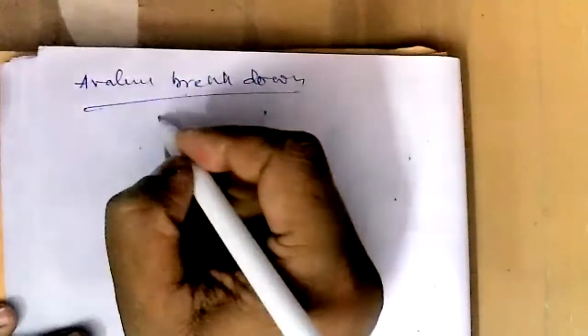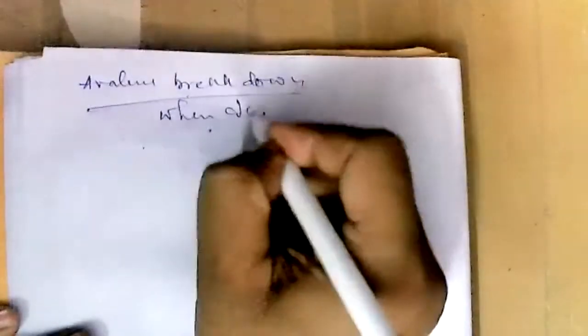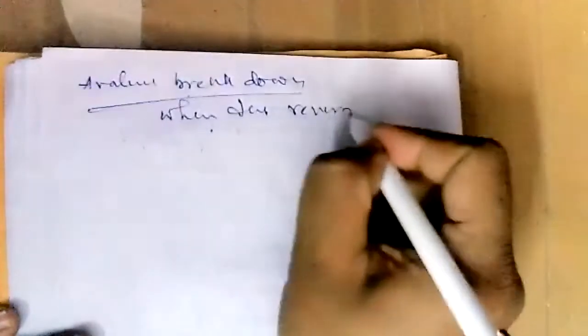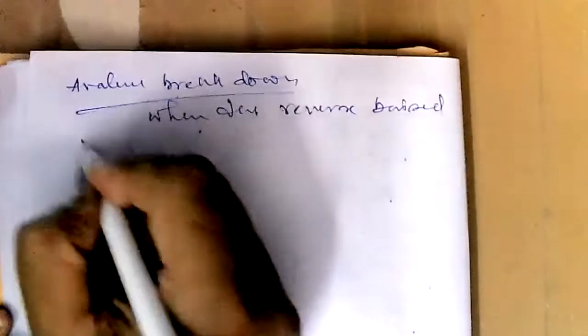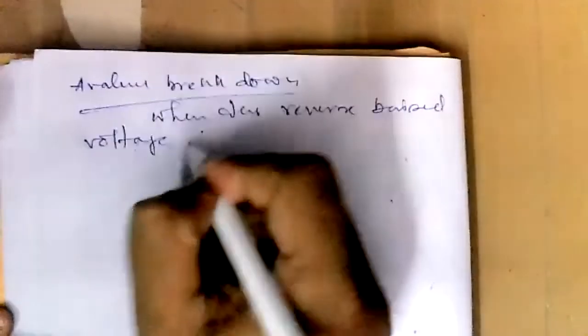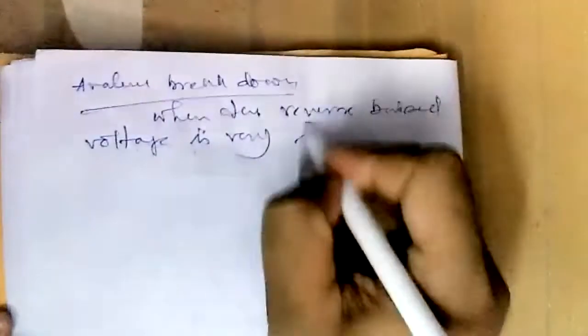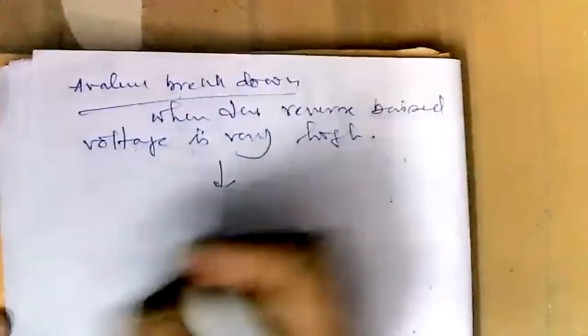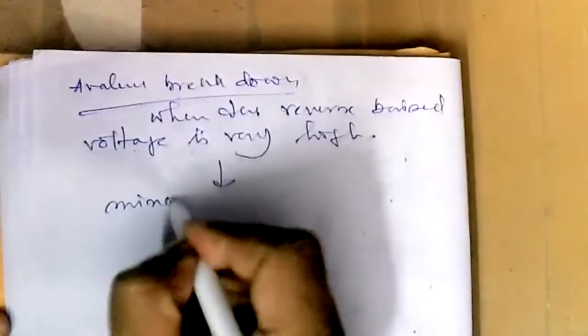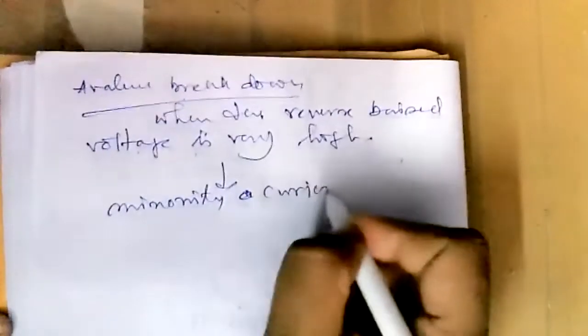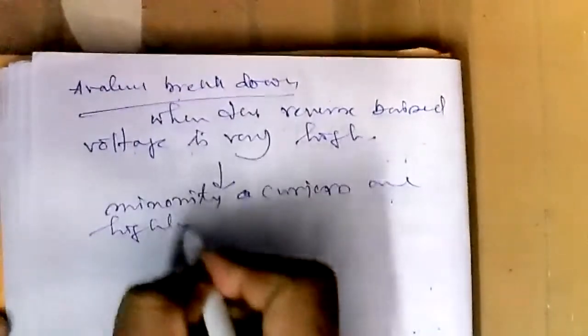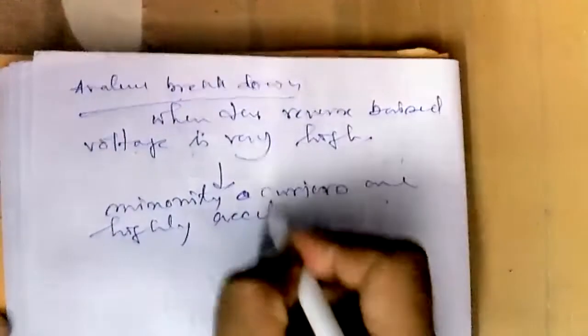But in avalanche breakdown, when the reverse bias voltage is very high, minority carriers are highly accelerated.